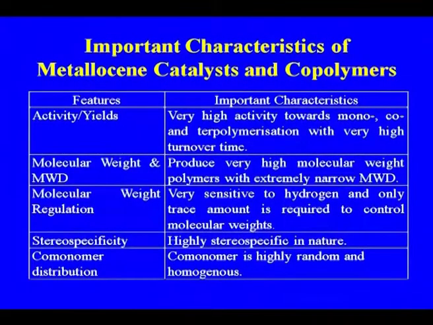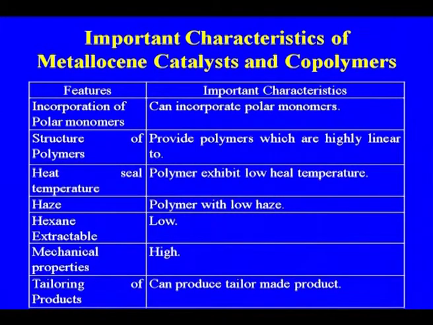This is just a comparison of the advantages and important characteristics: activity and yields. Very high activity towards mono, co and terpolymerization with very high turnover. They produce very high molecular weight, are very sensitive to hydrogen, and only a trace amount is required to control molecular weight. Highly stereospecific in nature. Comonomer incorporation is highly random and homogeneous. They can incorporate polar monomers and provide polymers which are highly linear.